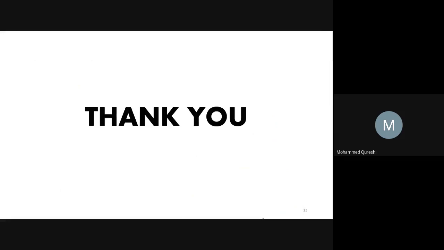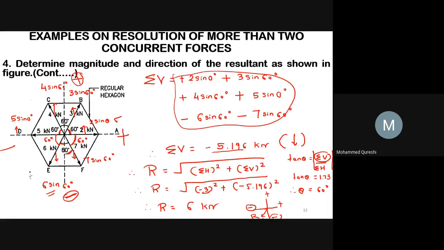If sigma H is negative and sigma V is positive, then your resultant will lie in the second quadrant. Third, if sigma H is negative and sigma V is negative, then your resultant will be in the third quadrant. And fourth, the last condition, if sigma H is positive and sigma V is negative, then your resultant will be in the fourth quadrant.